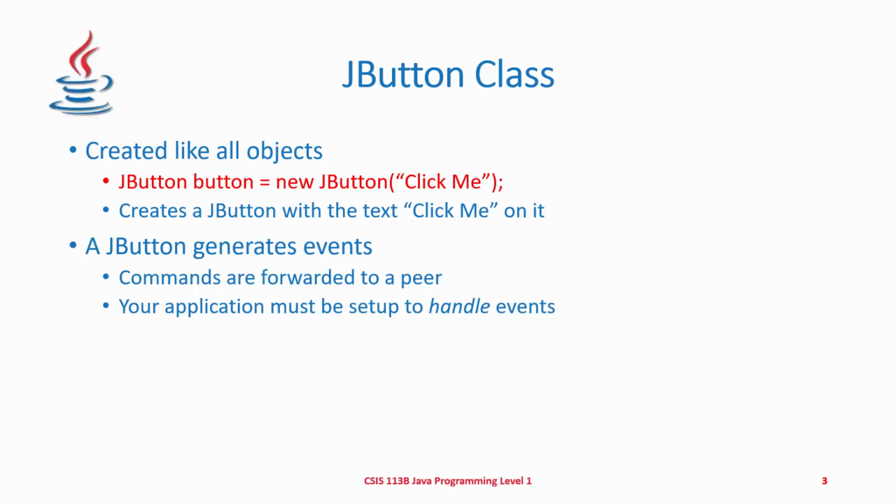So these events then get generated based on what we click on within the interface, which button you click on. When we're looking at JButtons, right, those are clickable components, and so depending on which button is clicked on, we want to be able to identify which button it is that's been clicked on. So the event will identify that.